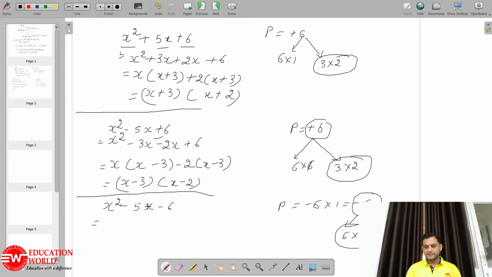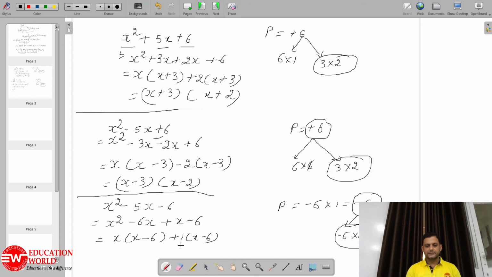Now to whom I will assign negative and to whom positive? If the middle term is negative, the bigger number gets negative, and 1 I will assign positive. It means x square minus 6x plus x minus 6. So x minus 6, now 1 is common.